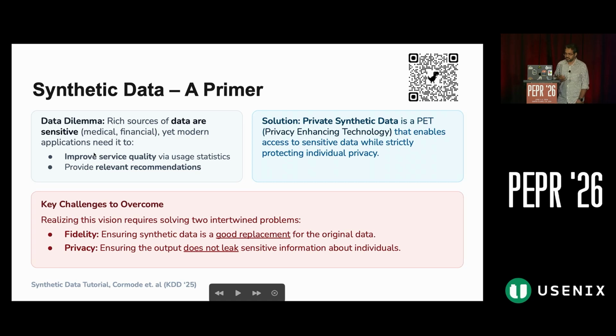You want to make sure that the synthetic data is a good replacement for your original data, and you want to, at the same time, ensure that the synthetic data itself does not leak any sensitive information about individuals, right? These are two opposing things that tug at each other. And in this talk, I'll talk about how do we solve these problems and how do we do that for large-scale data sets.